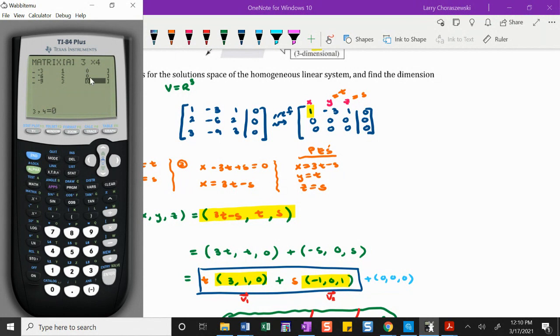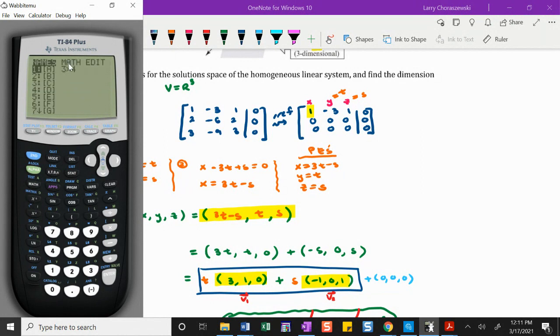So let me know when you have all of your entries in there, and I'll tell you what to do next. Okay. All right, so we're going to go back to the home screen. We'll press second mode, and we're going to go back into the matrix menu. So second X inverse.